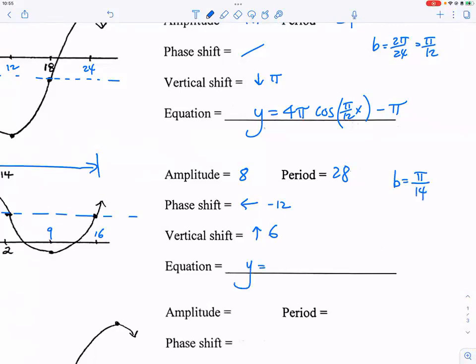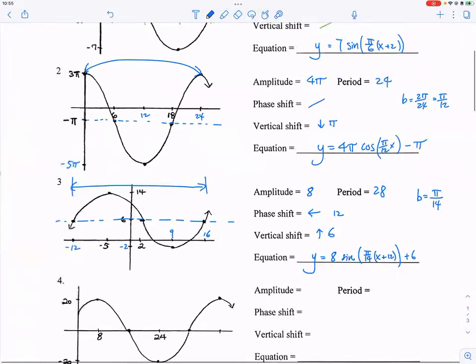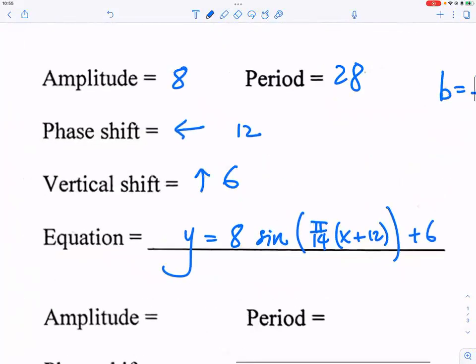So the equation is y equals 8 sine of pi over 14 x plus 12, and then plus 6. Okay. Make sure you know how you put all these values right at each point as they are supposed to.